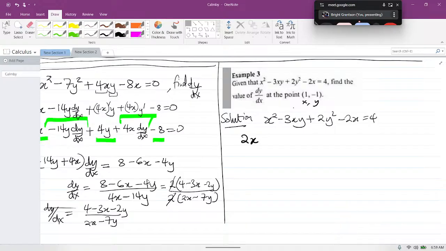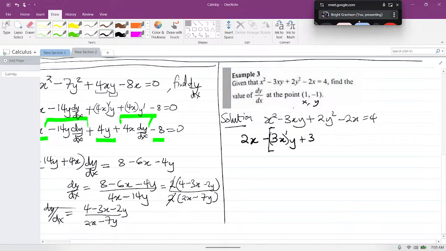Then go. 2x minus what? Minus 3x prime y plus 3x. Make sure that because we are doing negative here, it's a product function.